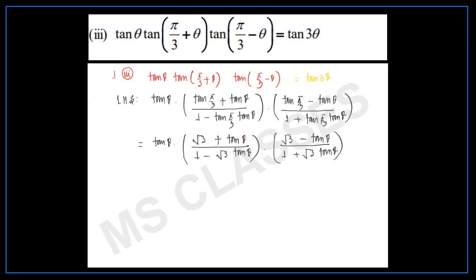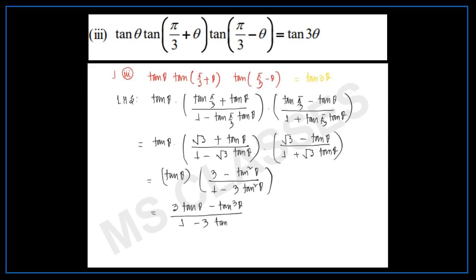So we substitute that, giving 3 minus tan square theta by 1 minus 3 tan square theta. Now we multiply the numerator by tan theta. So 3 tan theta minus tan cube theta by 1 minus 3 tan square theta. And that is the formula for tan 3 theta.